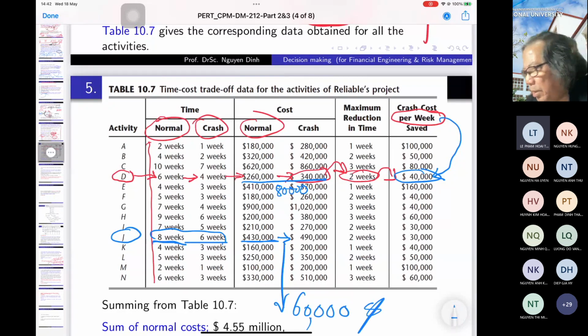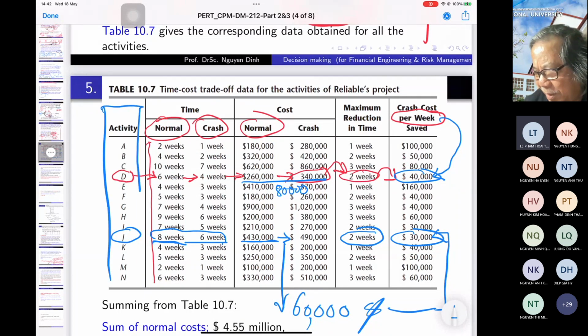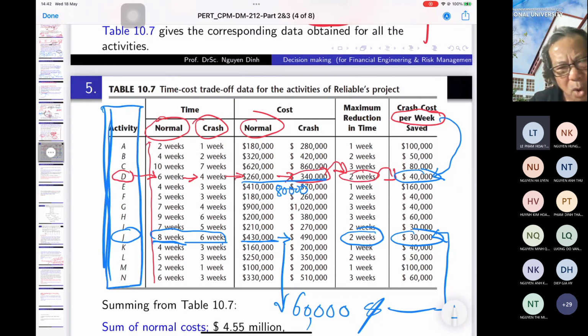So 1 week is $60,000 divided by 2. For all the nodes, Mr. Perry has to hire the expert to calculate like this. Is that okay?